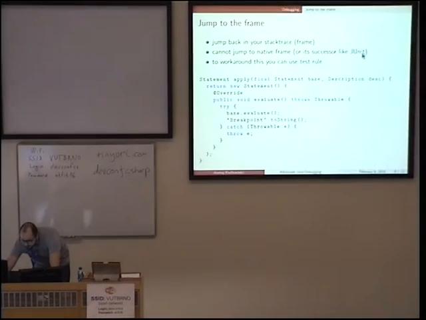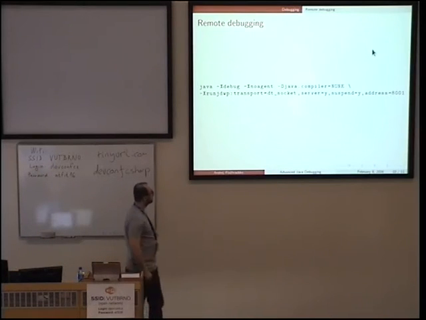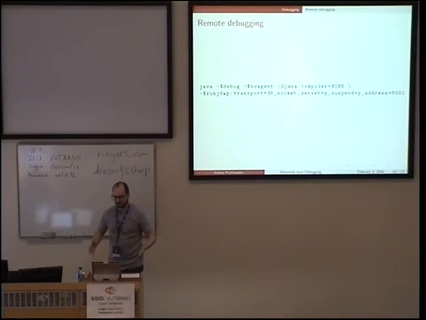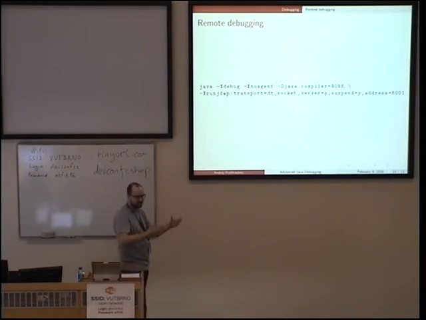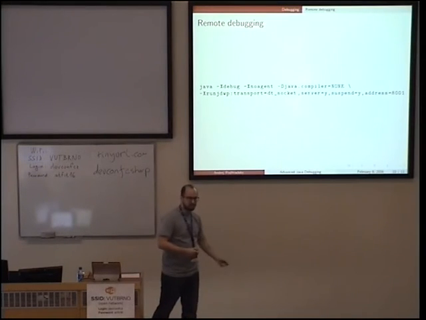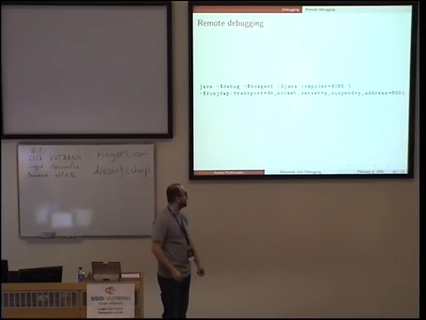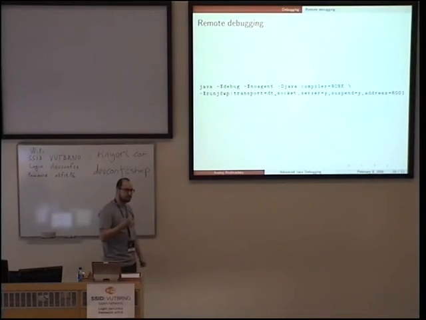And the last topic is remote debugging, which is very useful. For example, if you run your test on Jenkins and something wrong has happened on the remote slave, but locally everything seems to be working. So you have to run the application in debug mode.